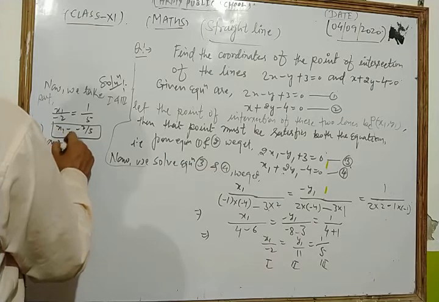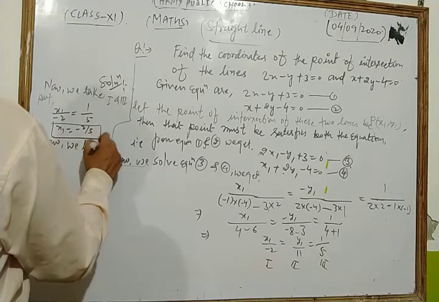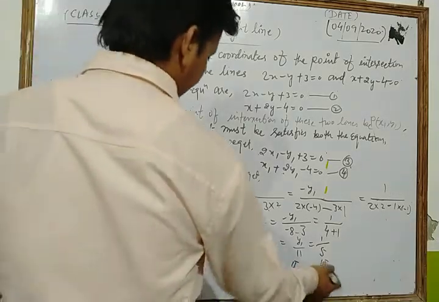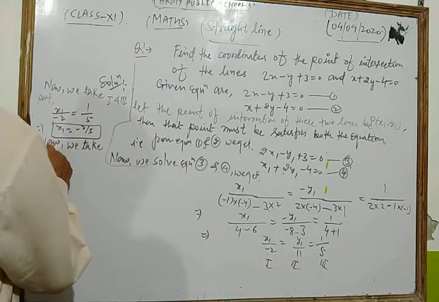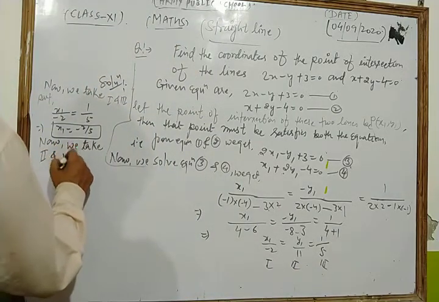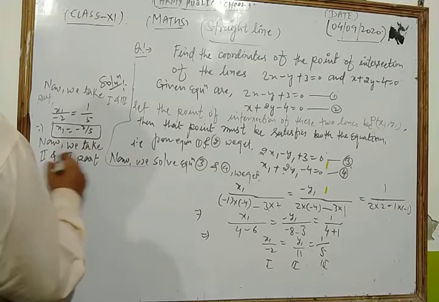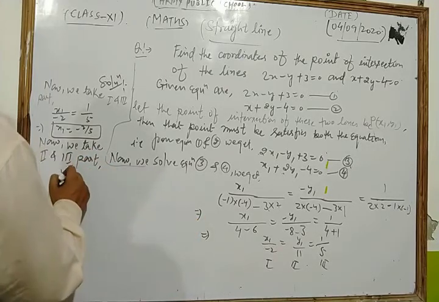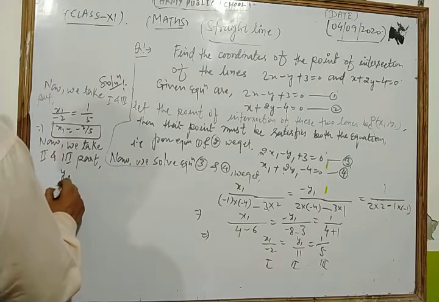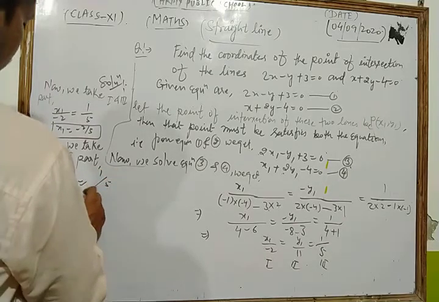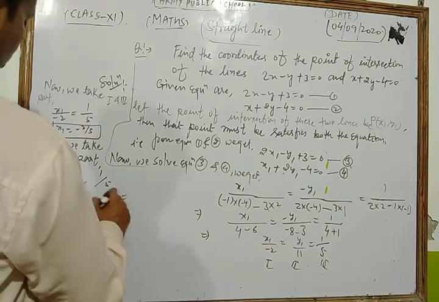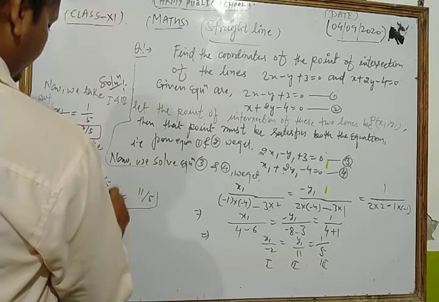Now we take the second and third part. So we get y1 upon 11 is equal to 1 upon 5. So y1 is equal to 11 upon 5.